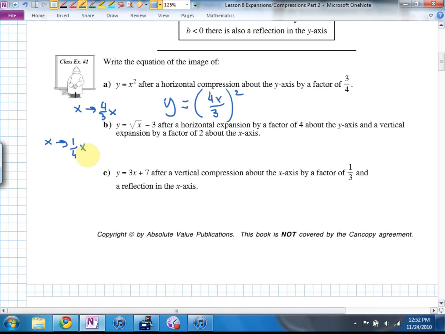Vertical, y, everything's backwards, 1/2 y. So I would get this. 1/2 y equals the square root of 1/4 x minus 3.